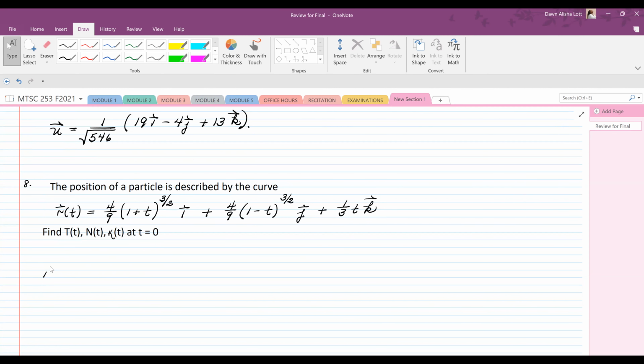Well, I found the derivatives. Okay, so what is the derivative? That's V, right? Yes. Okay, so what did you get? I got 2/3, and at the top is 1 plus t to the 1/2.